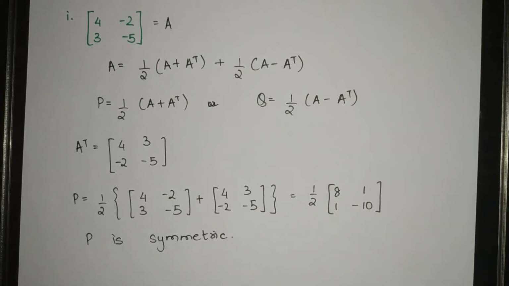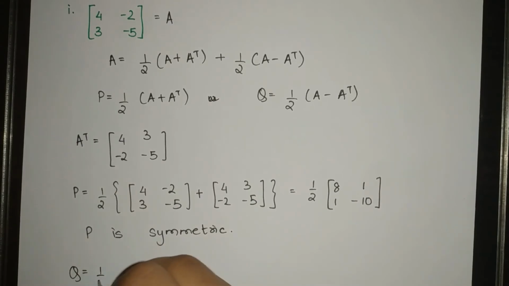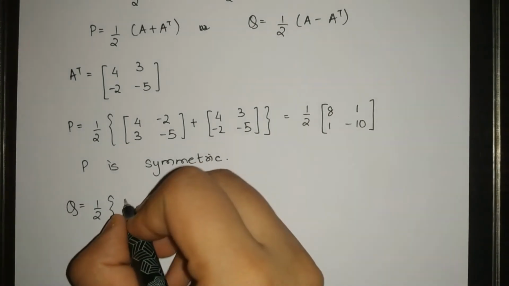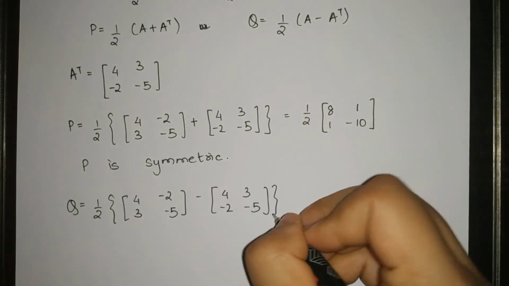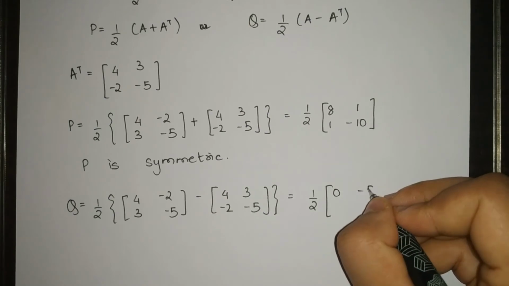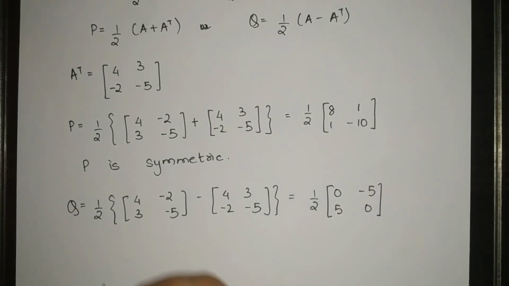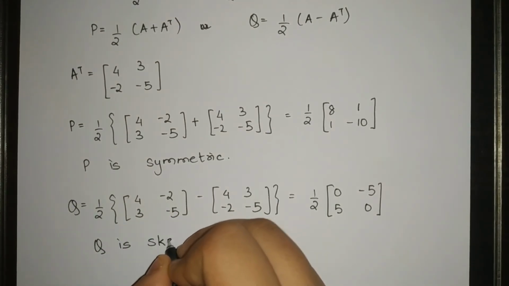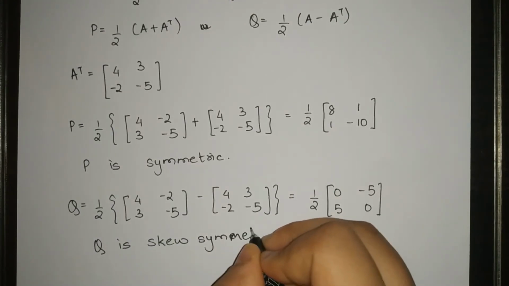Now next we have to find Q, which is A minus A transpose. So Q is equal to half into these two matrices, लेकिन अभी इसके बीच में होगा subtraction. Okay, so that will be equal to, okay, so therefore we get that this is a skew symmetric matrix. उसके diagonal के opposite वाले जो elements है they are all negative of each other and जो diagonal elements है वो 0 है.